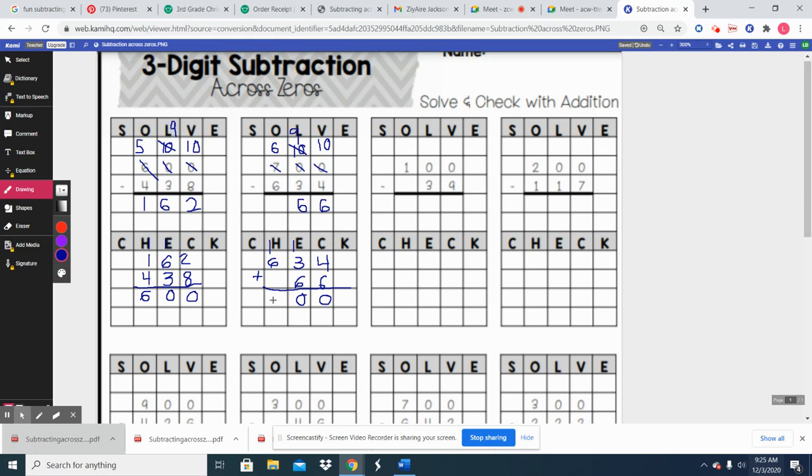And 1 plus 6 is 7. All right. So you're going to do the rest of the problems now on your own.